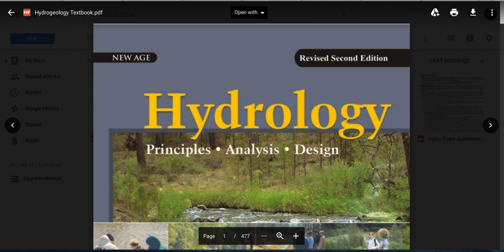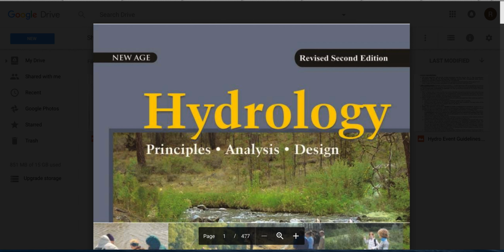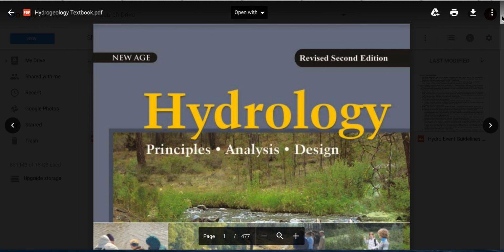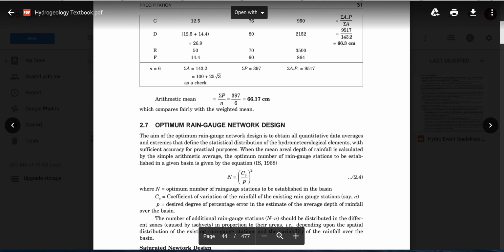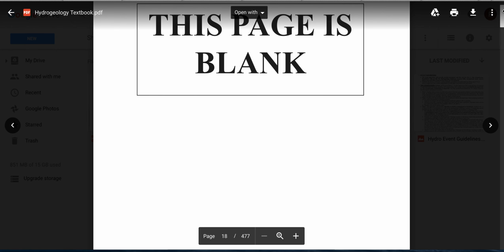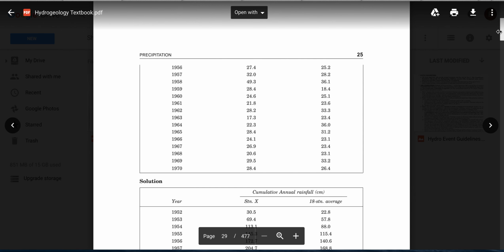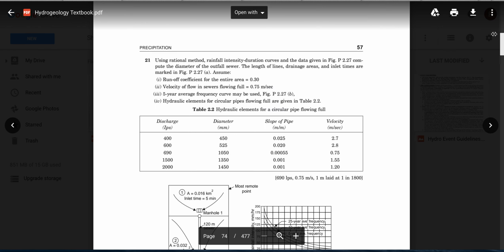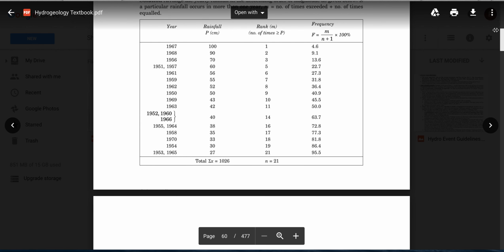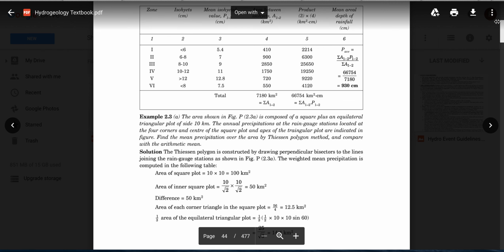It's 477 pages, which is not exactly beneficial because there's a lot of information, and of course, not all of it is actually going to show up on the test. A lot of it can be useful, but a lot of it's also a little superfluous. So I wouldn't recommend using this as your primary source of studying, only because there's way too much here to handle, and I think doing your own research is a lot more beneficial for you.